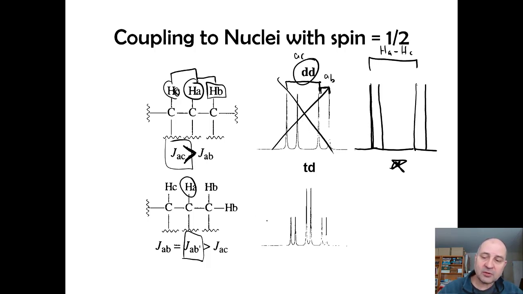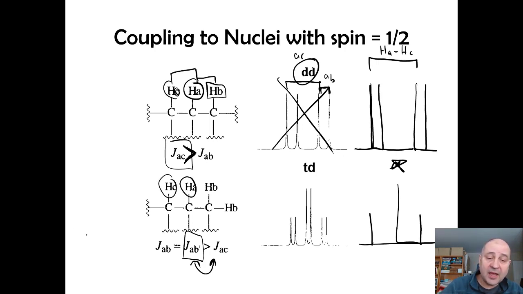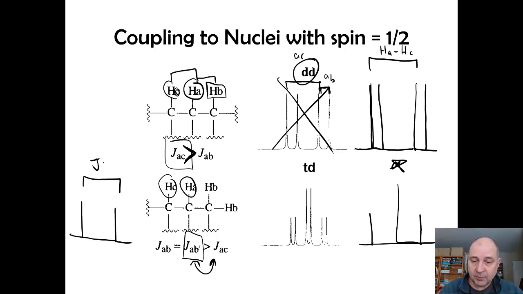So first it gets split into a triplet. If this was reversed, I'm going to draw it on the left. So there's a single nuclei that's larger. The HA would be split into a doublet. Okay? So here is the J that's the largest.